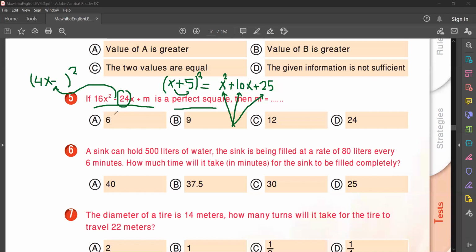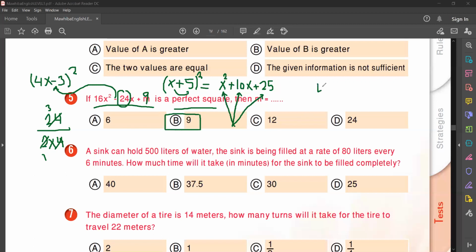So you divide 24 by 2 and by 4. Then 2 times 4 is 8, so divided by 8, you can write 3. So the second one, 3 squared, is what? It is 9. So the correct answer is B.